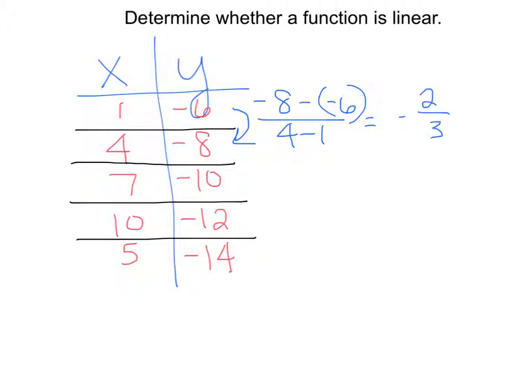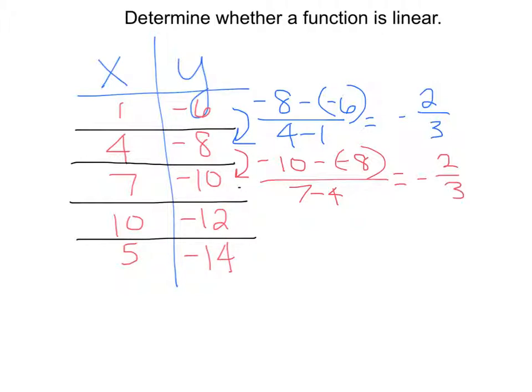Then you find the change between -8 and -10. And you want to determine that rate of change. So to do that, you also get -2/3.